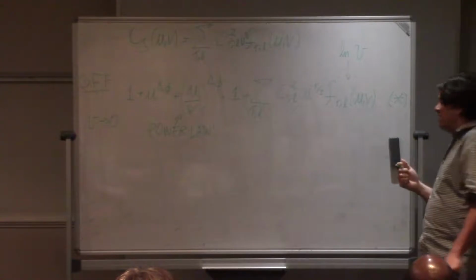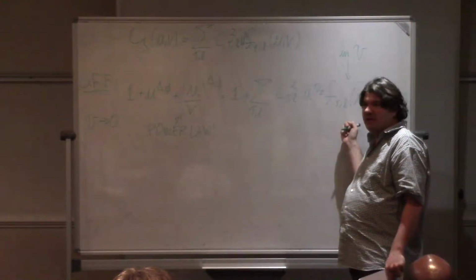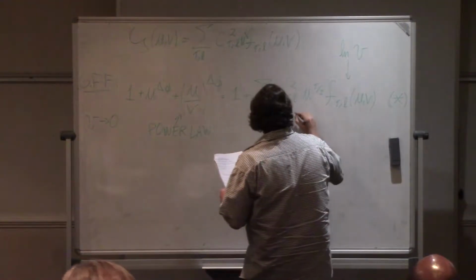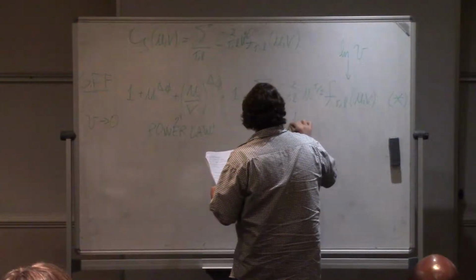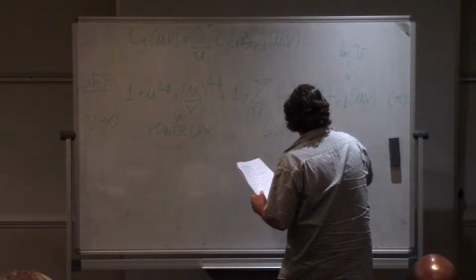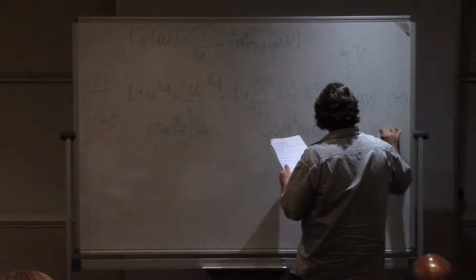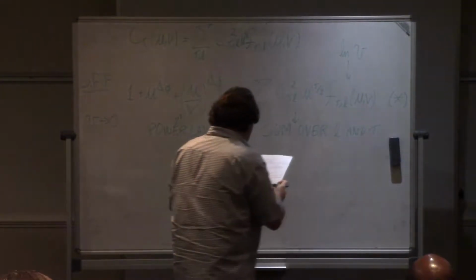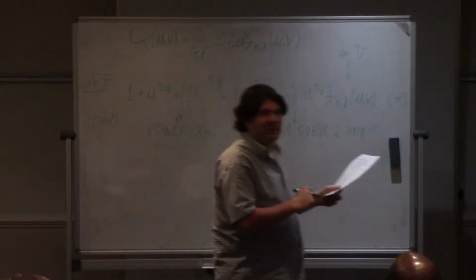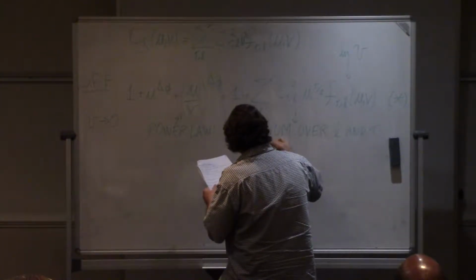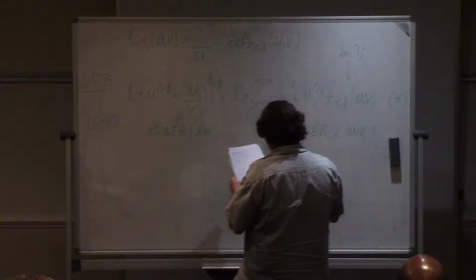So the correct way of taking the v going to 0 limit is not block by block, but first we need to do the sum over L and tau, and then you take the limit as v goes to 0. So this is only possible because on the right-hand side we have an infinite number of operators.